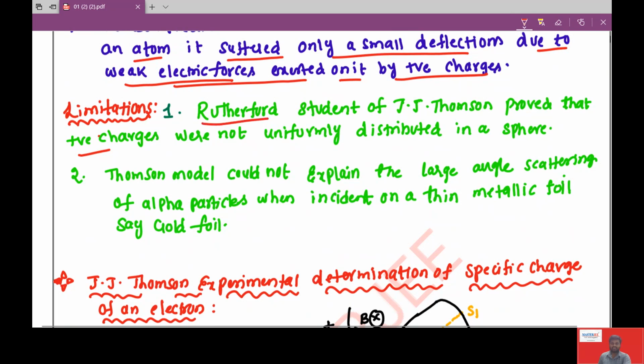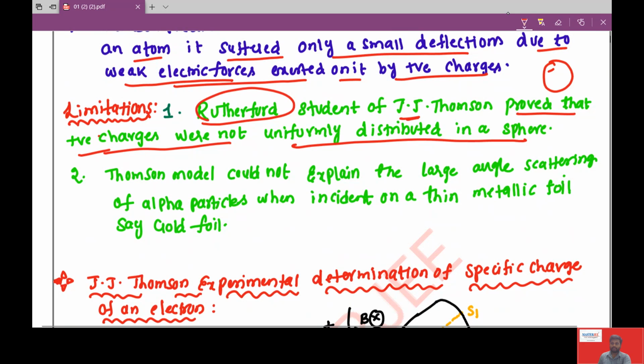Later, Rutherford, a student of J.J. Thomson, proved that the positive charges were not uniformly distributed in a sphere. J.J. Thomson mentioned positive charges are uniformly distributed in a sphere, but later his student Rutherford proved that it is wrong. That is the first limitation.